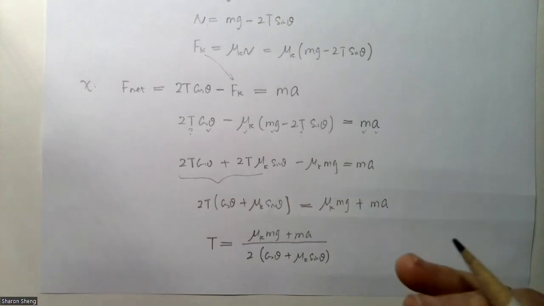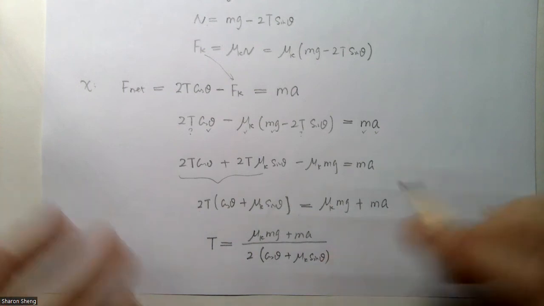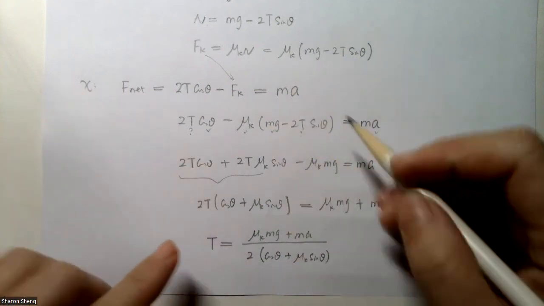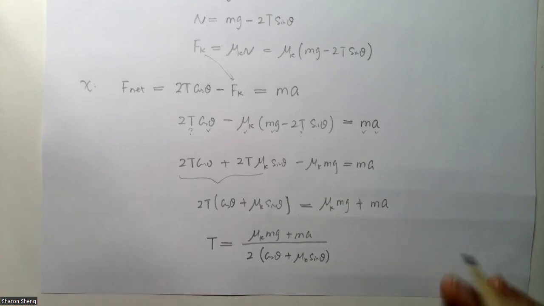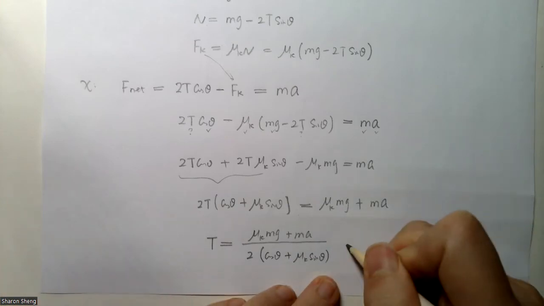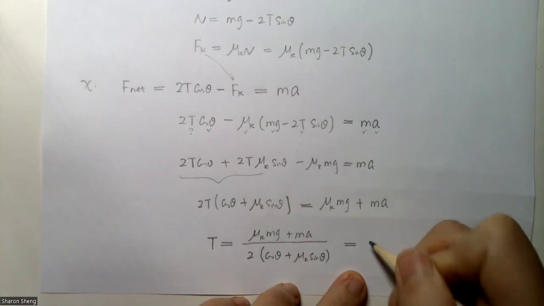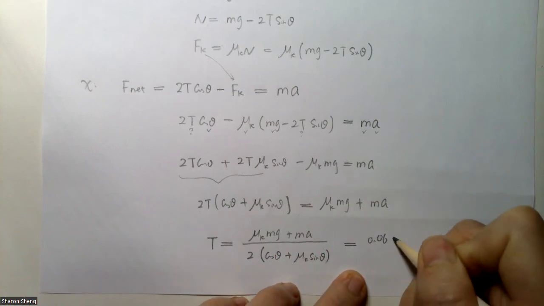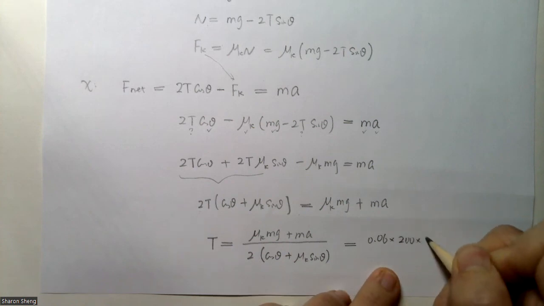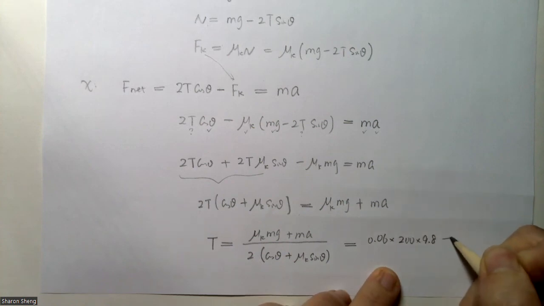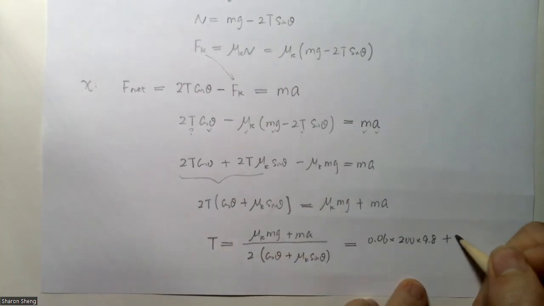Now, until now, you can start to use your calculator. You don't need to plug numbers in before. Keep the symbolic expression until the last step. Now we start to plug numbers in. What is mu k? 0.06 times mg. What is m? 200 times 9.8. And plus, what is m? 200.